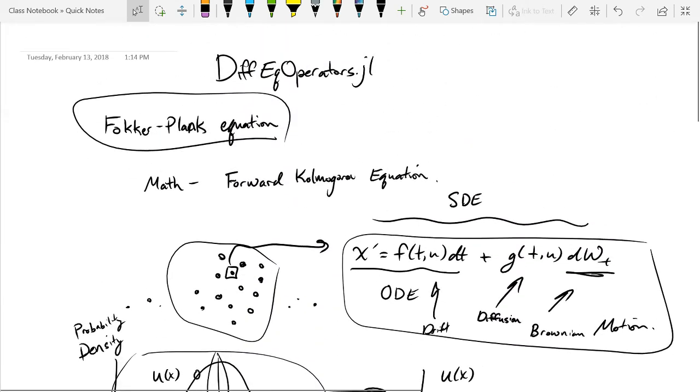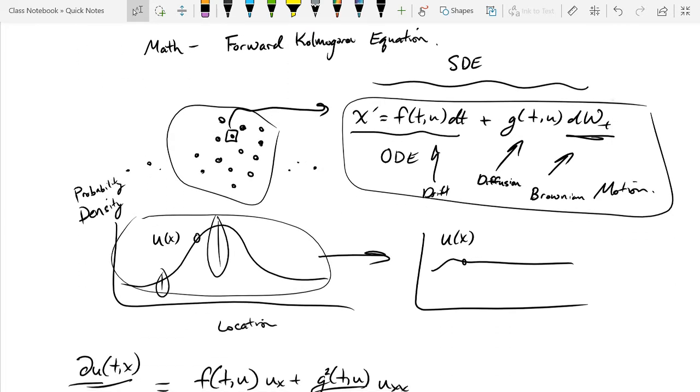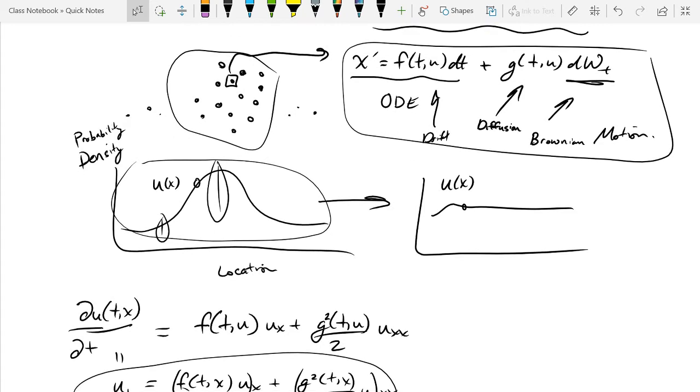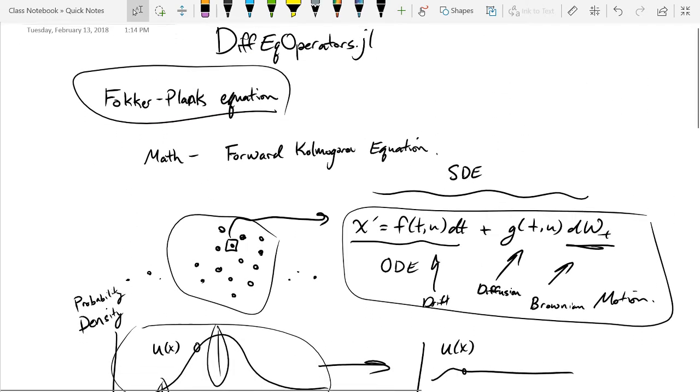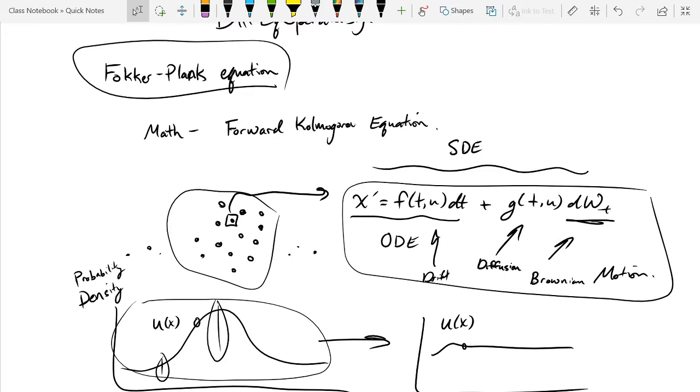So DiffEqOperators.jl is going to be taking this as the key equation that we want to build towards first. Because you have people in computational fluid dynamics who are using this to study how fluids evolve. This is also used in things like climate modeling to see how heat flows, so you have the diffusion part with the G, and you have how wind is going with the F. Another place where this is used a lot is in biology, where this is how chemicals flow inside of a spatial biological organism.